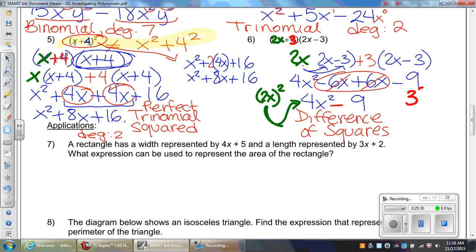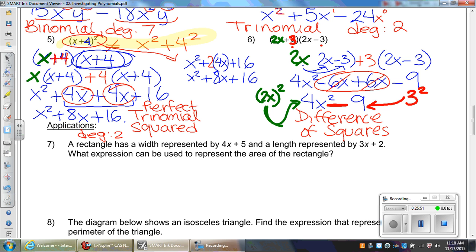So we take 3 and we square it. And so that gives us that 9. And then we're going to have a negative inside because we're actually multiplying positive times a negative. So that's why we get negative 9.